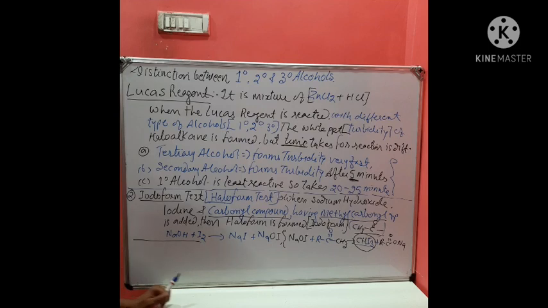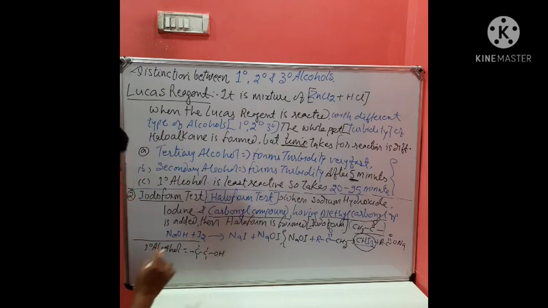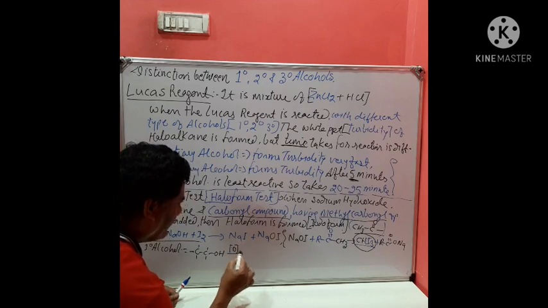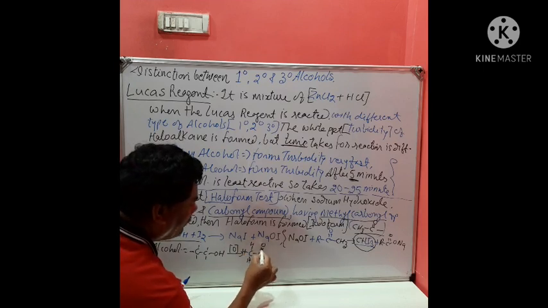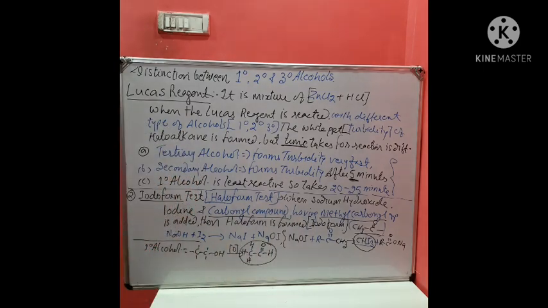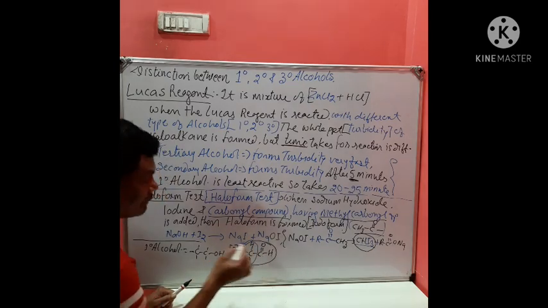So now, what is 1 degree alcohol? This is CH3CH2OH. When this alcohol is oxidized, it converts into CH3, C double bond O and H, that is acetaldehyde. And acetaldehyde has a methyl group with a carbonyl group.